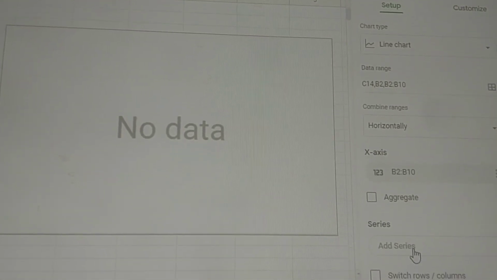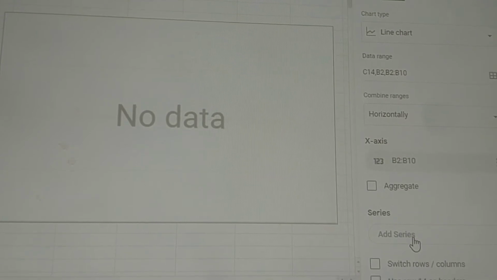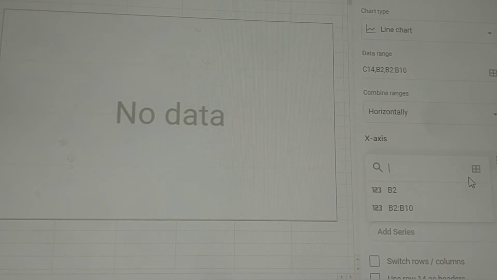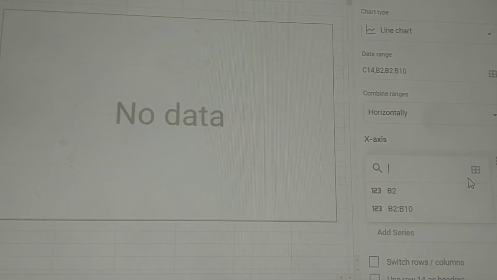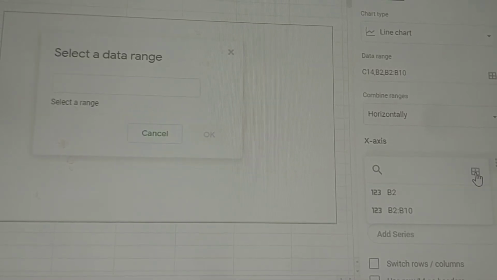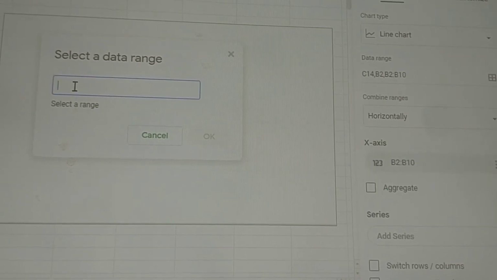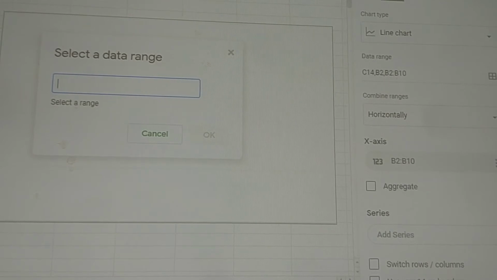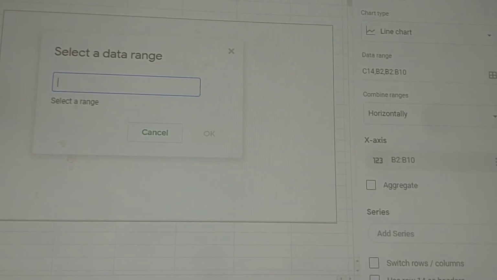Now, down below where it says series, that's where I'm going to put my y-axis. And the y-axis is going to be the miles. So this little box right here that says select data range, click on it. And it gives you a new box here. The data range for miles, if we take a look, is C2 down to C10.